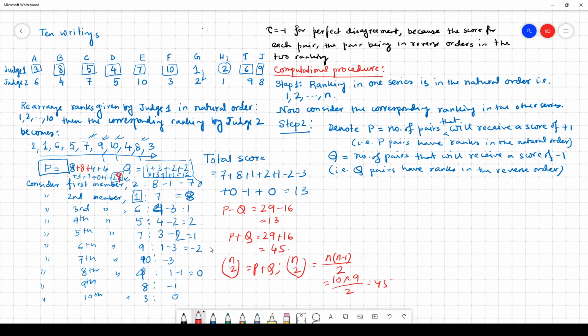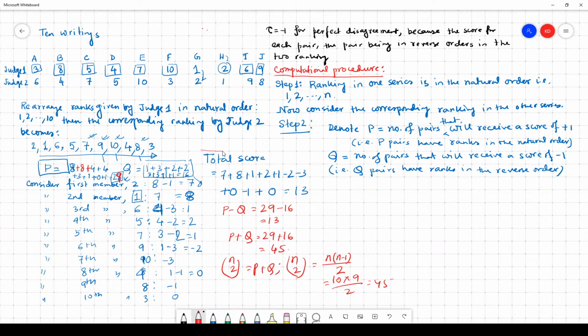Thank you. Thank you, Anushwa. Okay. So, no need to compute PQ separately. This is just the procedure to check whether your computation is correct or wrong. So, in a way, you can verify your calculation.